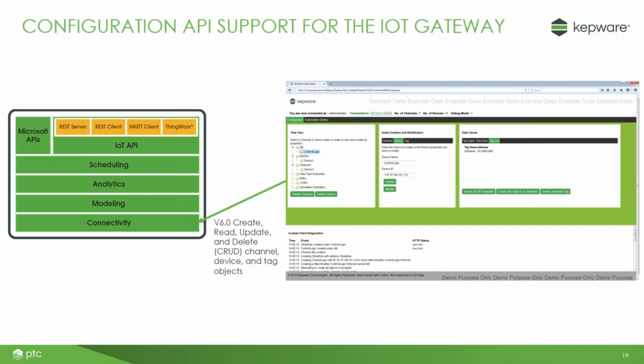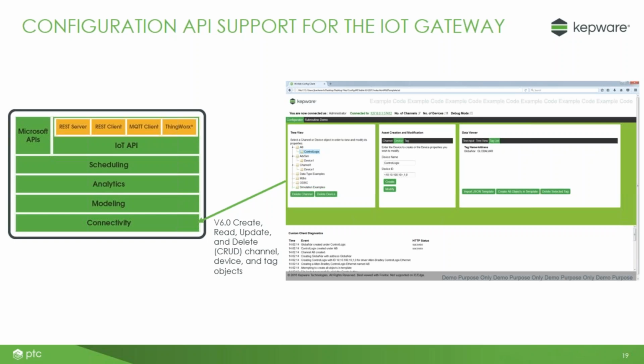So if you wanted to basically have a web dashboard, like the example code you see in the slide here, which is actually available for download from our website, instead of having to RDP into the machine where KEPware is installed, or actually physically be on that machine, if you want to just have a web page and manage one server or multiple instances of server from a web page, you can do that with this config API and with this example code.